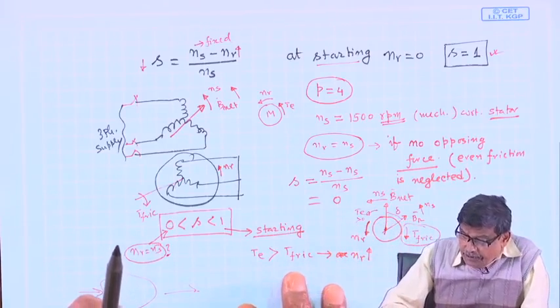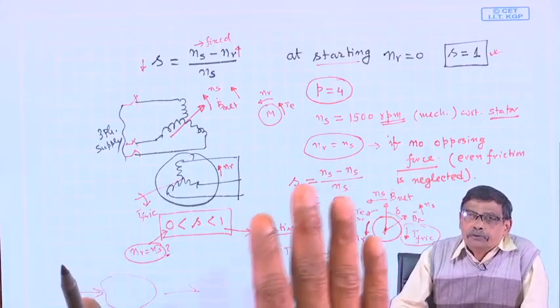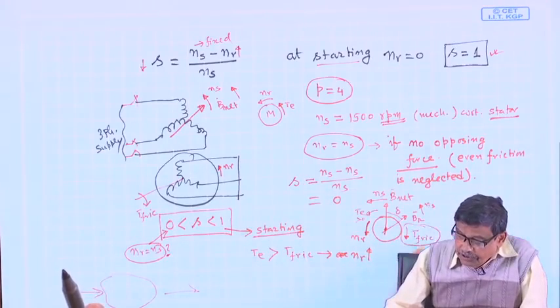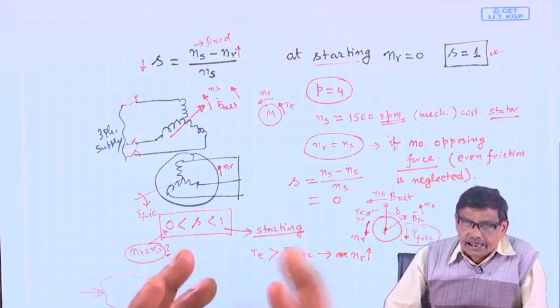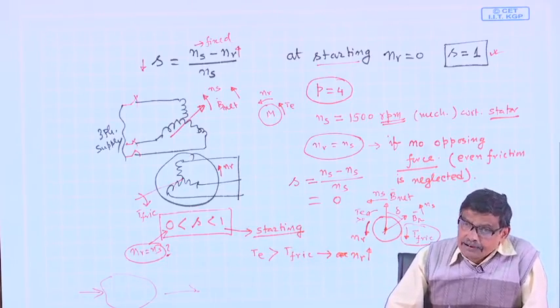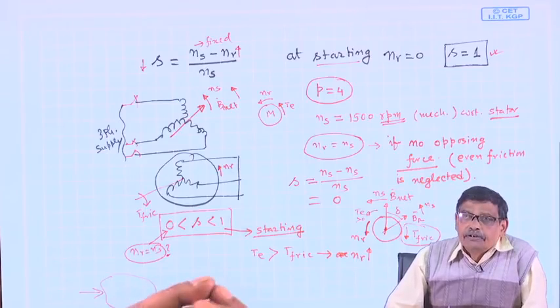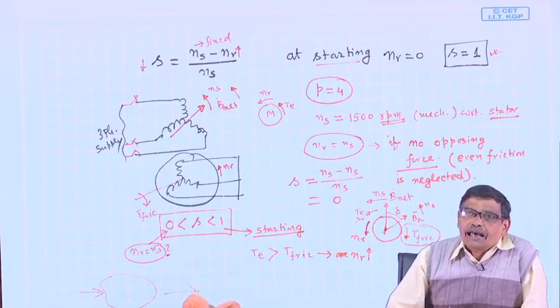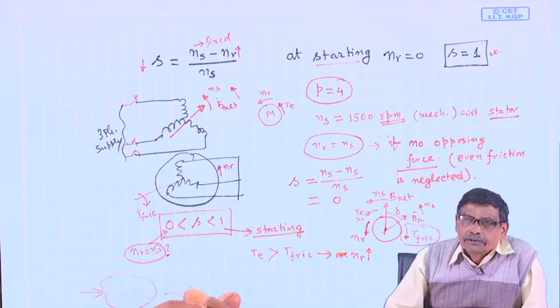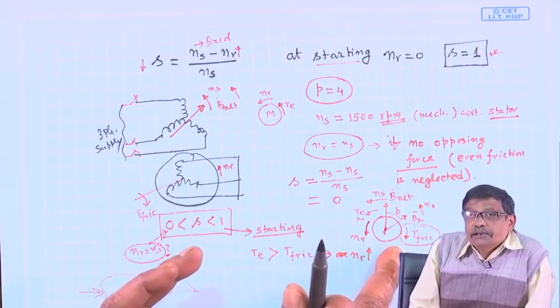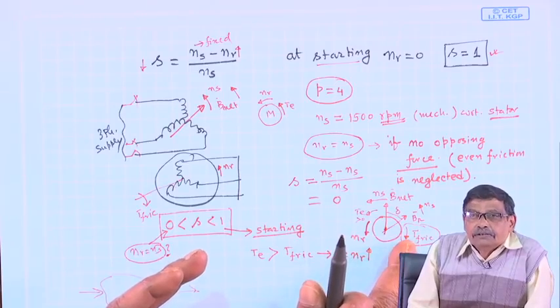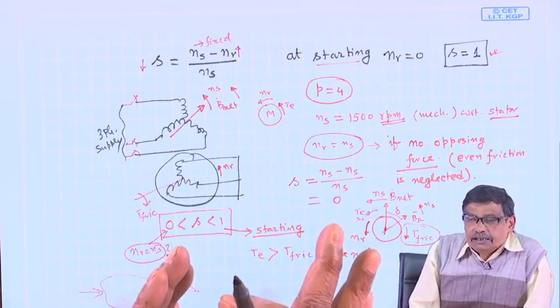Therefore, rotor will settle down to a final speed when an opposing torque is there, at a speed which is less than Ns and enough to produce an electromagnetic torque which will be equal to the opposing frictional torque, and everything is settled.